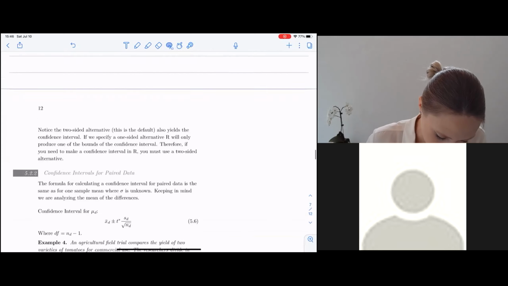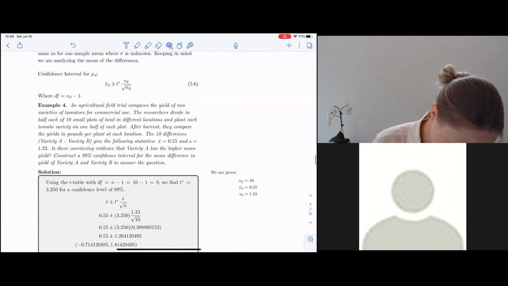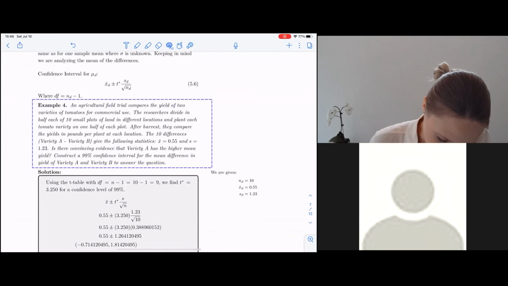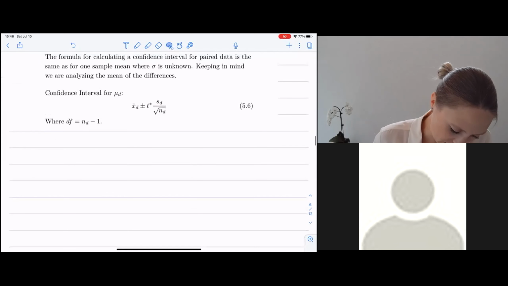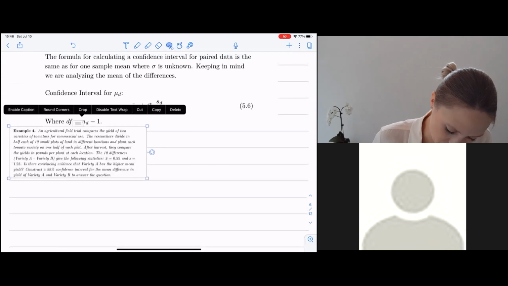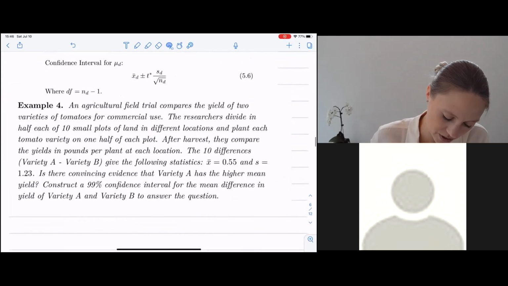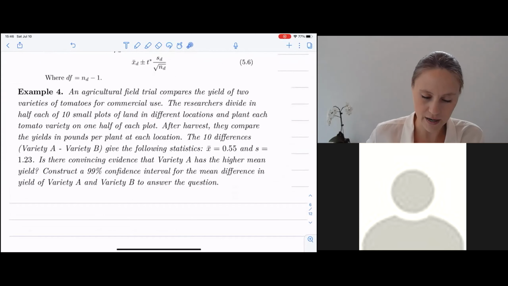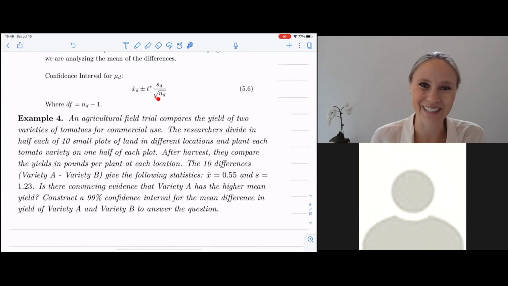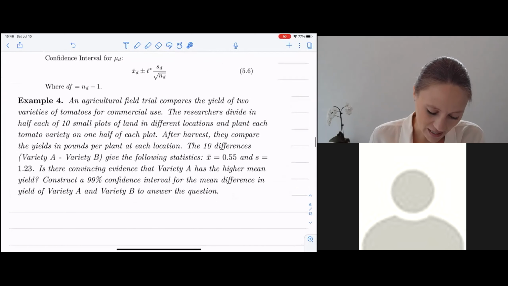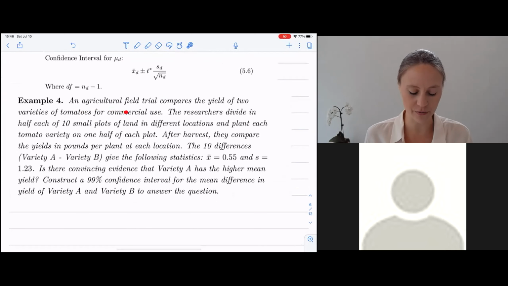All right. So again, I want to read this question with you and then give you the opportunity to pause it and try it on your own, because notice there's really nothing crazy going on here, right? So here we go. An agricultural field trial compares the yield of two varieties of tomatoes for commercial use.